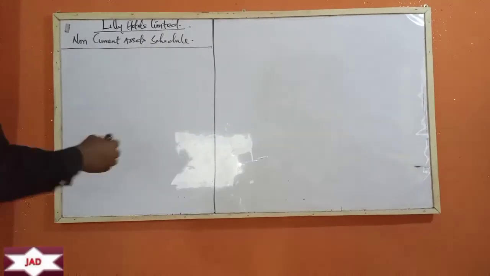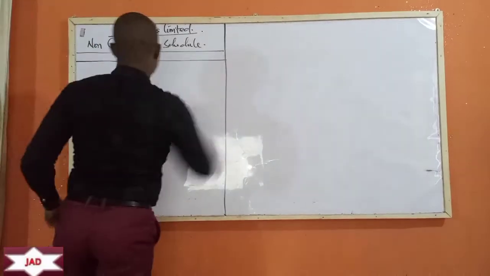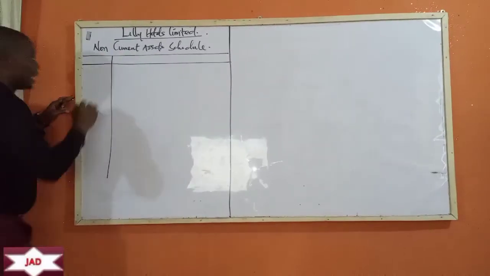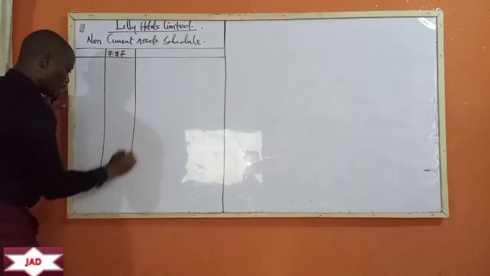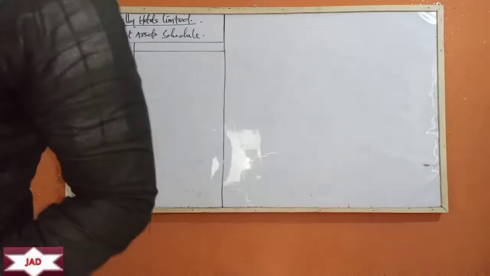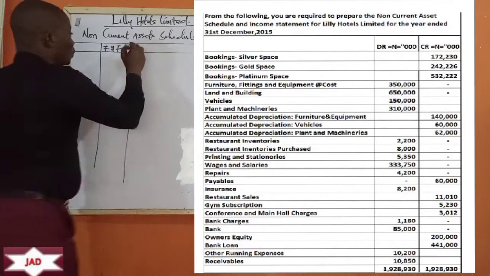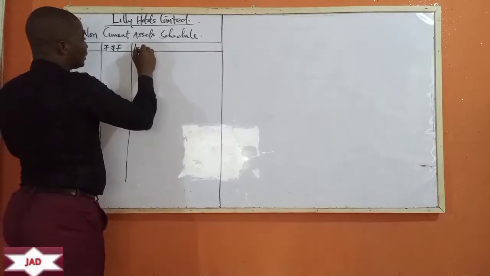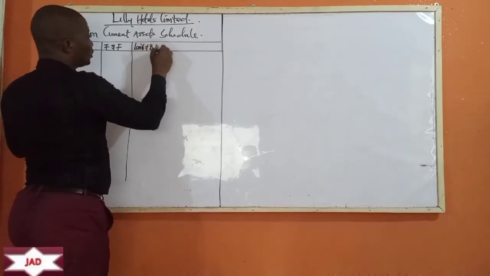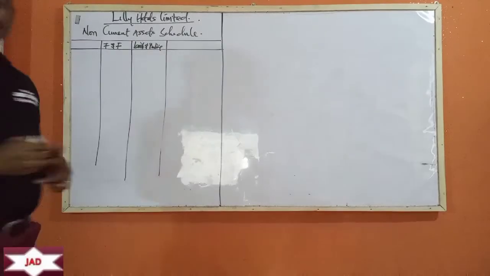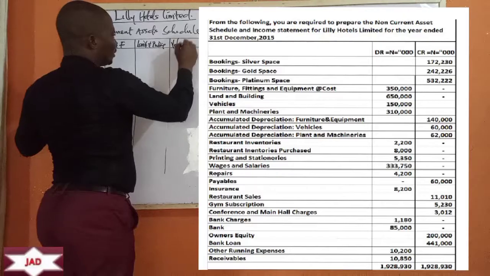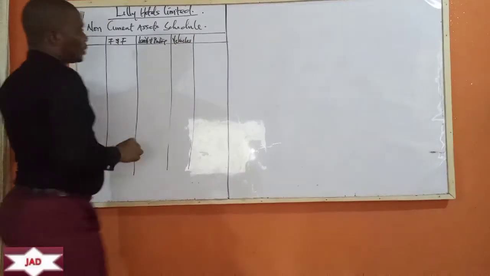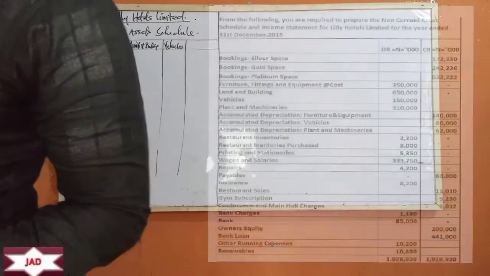I can see furniture and fittings. So let's do it this way. We have furniture and fittings, land and building, vehicles, and plant and machineries.